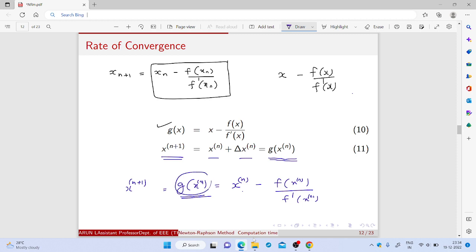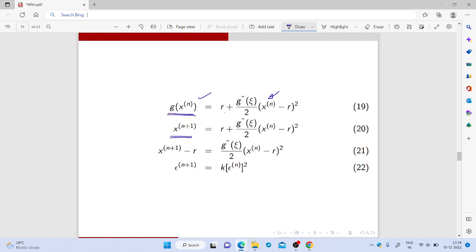So x of n plus 1 is equal to r plus g double dash of psi by 2 into x of n minus r whole square. Bring this r to the LHS: x of n plus 1 minus r is equal to g double dash of psi by 2 into x of n minus r whole square. Now this is a constant term, it can be written as k. So x of n plus 1 minus r is the error in the n plus 1th iteration. So epsilon n plus 1 is equal to k into epsilon n square, where epsilon n is x of n minus r, the error in the nth iteration.